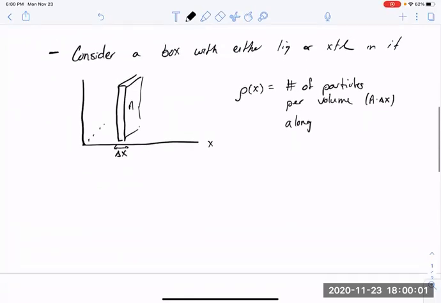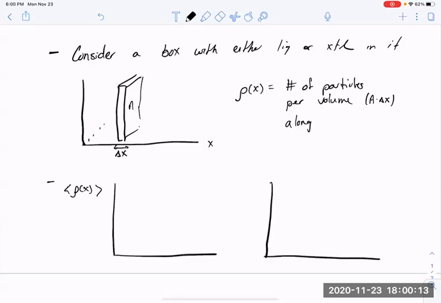Now, if I was to ask, on average, what is the density as a function of x? I would get something very different for a liquid than I would for a crystal. For a liquid, the density is going to be uniform.